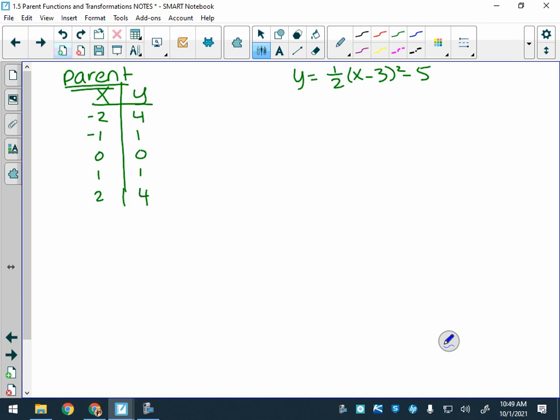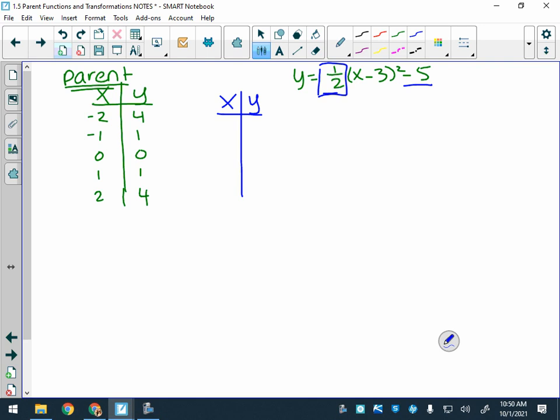Yeah, the Y values. But there's two things happening to Y. So you want to think of PEMDAS then. Multiplication has to happen first, okay? So when you are transforming and you have an A value and a K, you have to multiply your original Y values by that A value first, okay?